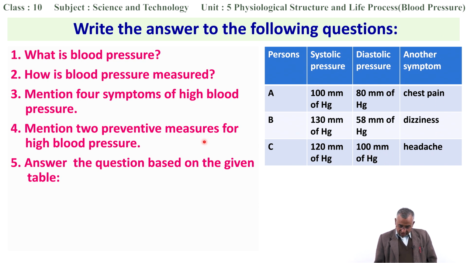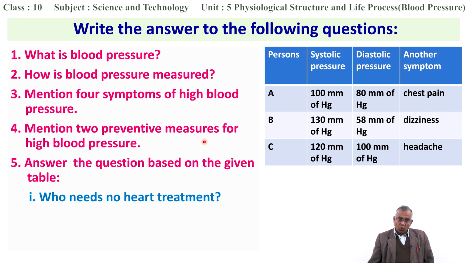So the first question is, who needs no heart treatment? Out of these 3 persons, who has a healthy heart? You have to find that. They have some symptoms also, but you have to look at the blood pressure. I think very easily you have guessed that it is A, A1.